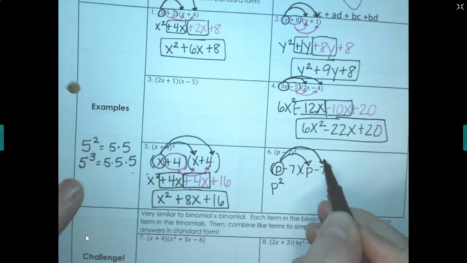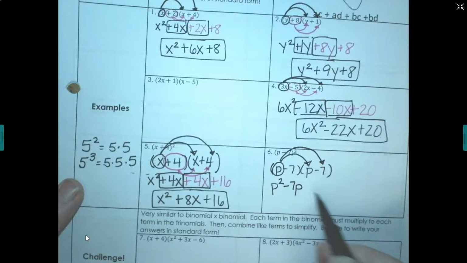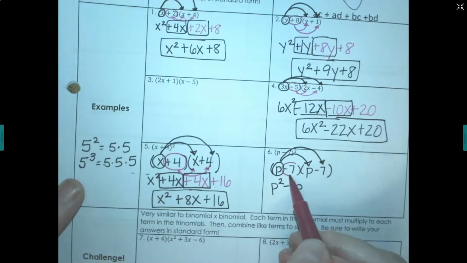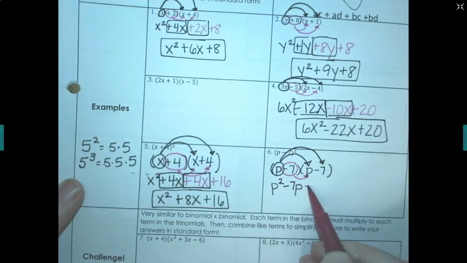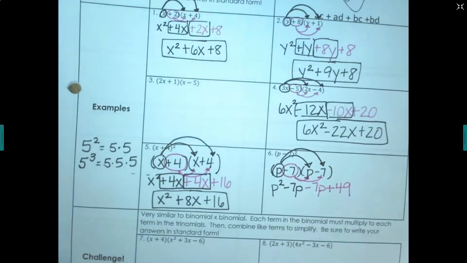P times negative 7 will be negative 7p. Okay, then we come back into the center, and this negative 7 has not been distributed yet. So let's do it. Negative 7 times p, negative 7p, and negative 7 times negative 7 is a positive, because negative times negative is positive, 49.